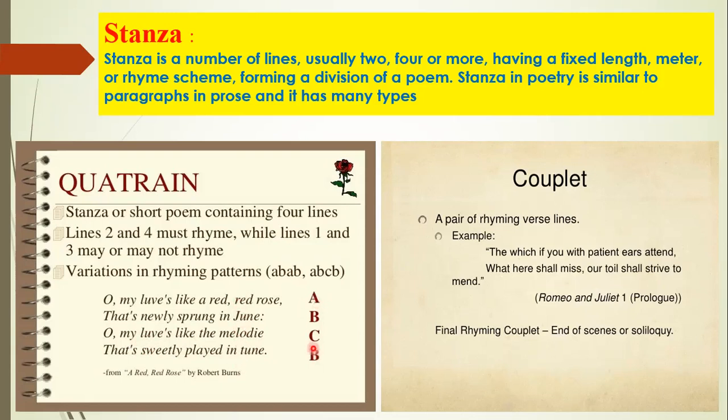And here you see the rhyme scheme according to the sound at the end. So rose, A. June, a new one, B. Melody, a new one, C. Tune, since we have here June and tune, so it will be B. This is the quatrain.